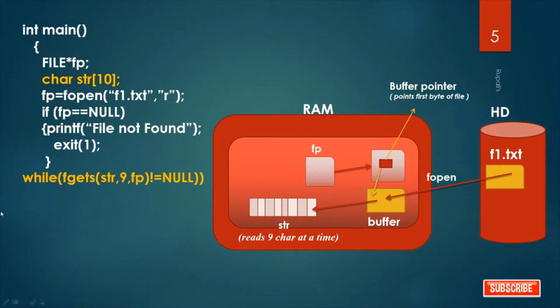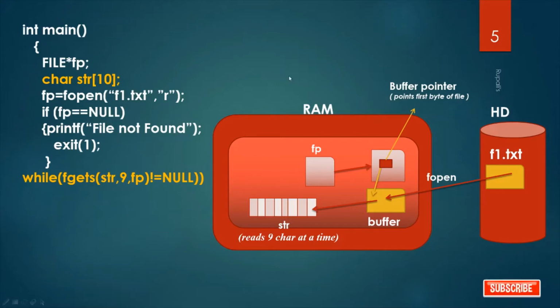And that string is stored in this character array str. I repeat, it reads 9 characters at a time from the file pointed to by fp, and the characters already read are stored in this character string str.